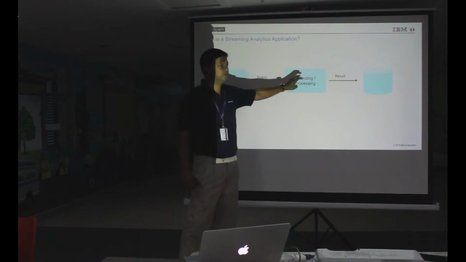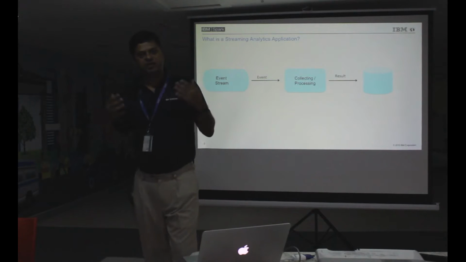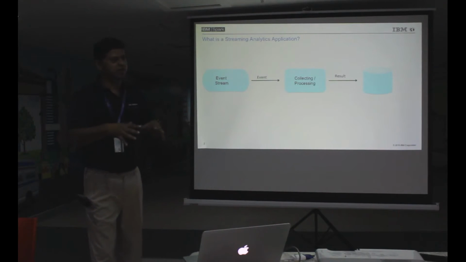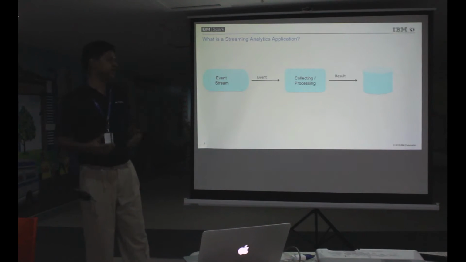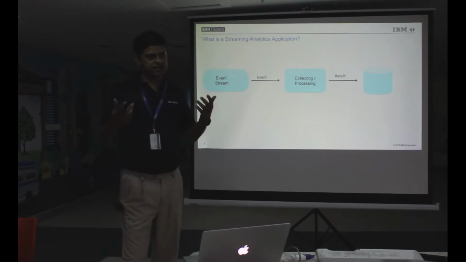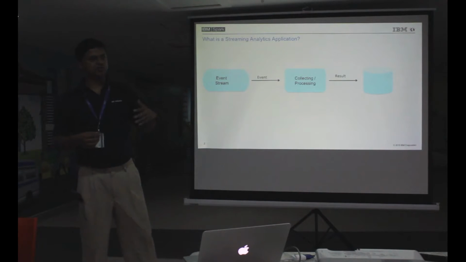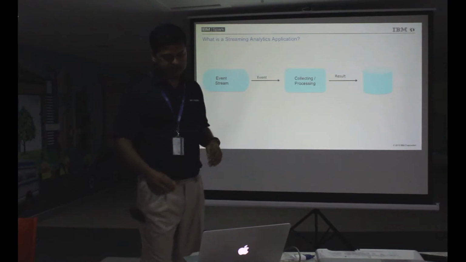You collect them and you process them and then you write them out, right? Most of the time with streaming, you're getting data at such a high rate that you don't want to store it and then run queries on it, right? You want to process it as it comes in, keep it in memory, because time is of the essence there, right? You don't want to store it and then after a long time, get that information or the insight out of it.